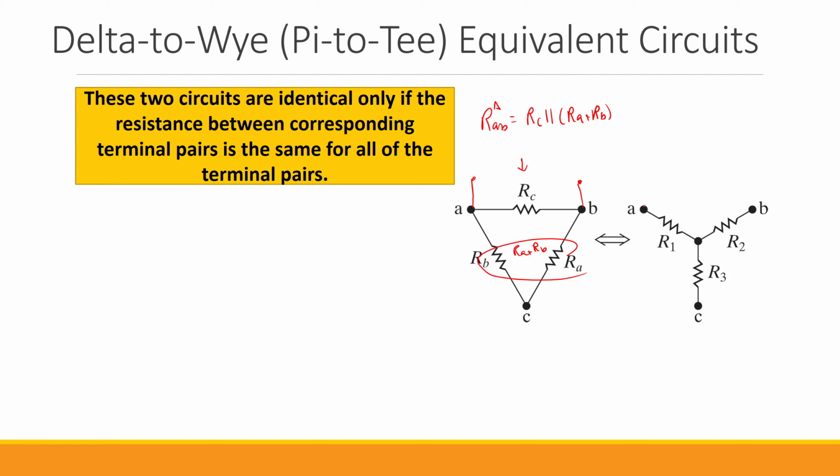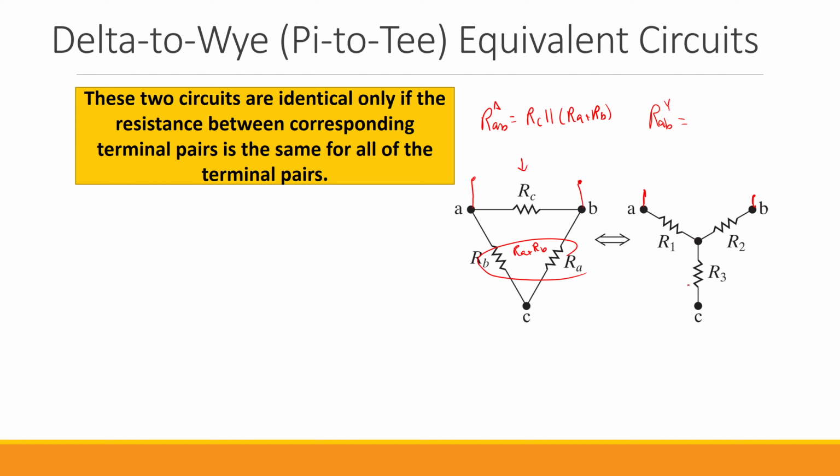So let's do the same thing for the Y configuration, or the T configuration. If C is not connected anywhere, what is the resistance that we see between terminal A and terminal B for the Y configuration? Since C is not connected anywhere, this path is open circuit, so no current would go through it.